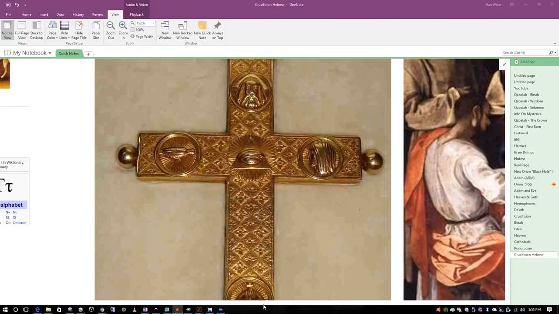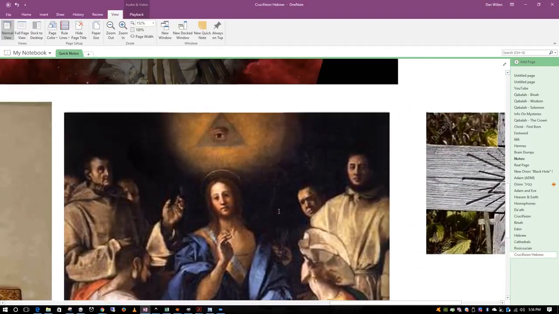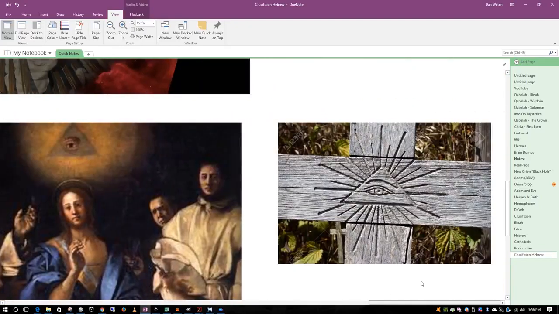Also, there are other images and paintings that we can see representing the same thing with Christ, with the eye and the triangle above him, and even that we see right here from an old, looks like a photograph of some kind of a Christian cross on wood with the eye and the triangle there.